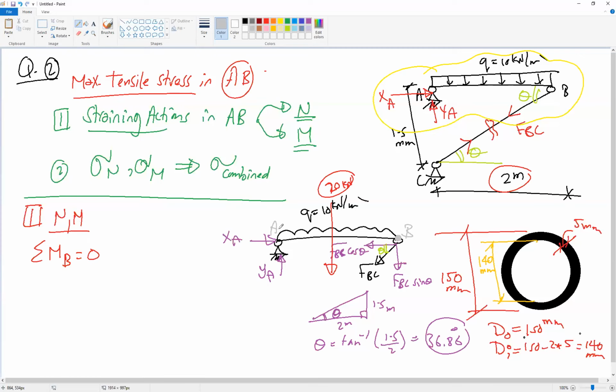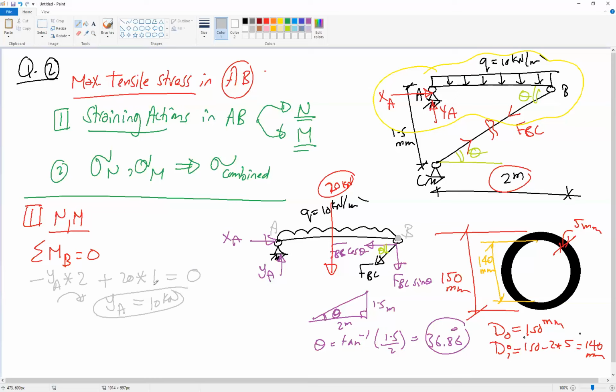What causes moment at B is YA multiplied by 2 and negative because it rotates in clockwise direction, plus 20 multiplied by 1 equal to 0, which gives us that YA should be 10 kilonewtons.